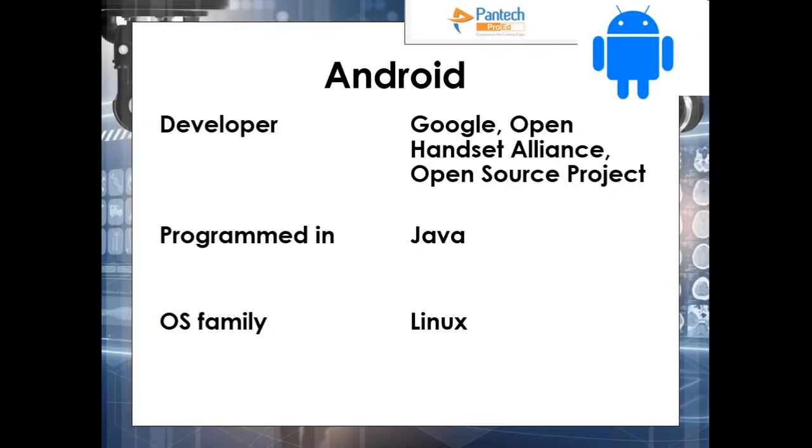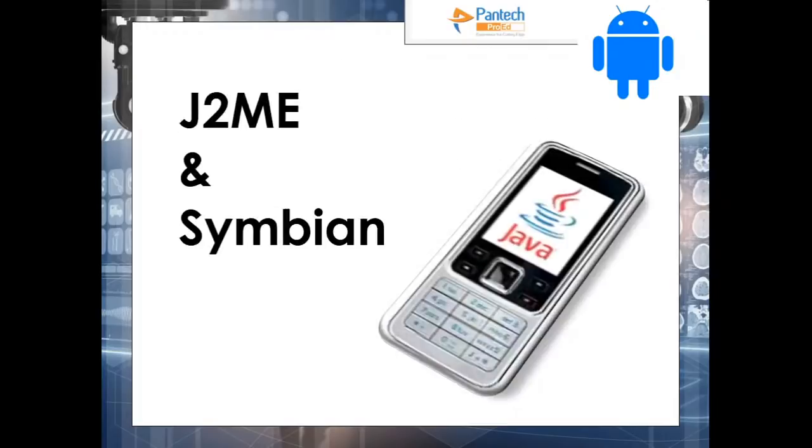For example, a building has a basement, and based upon that basement the building stands. Based on Linux only, Android runs. That is the difference. So if you move on to Android, we have Java 2 Mobile Edition and Symbian edition.